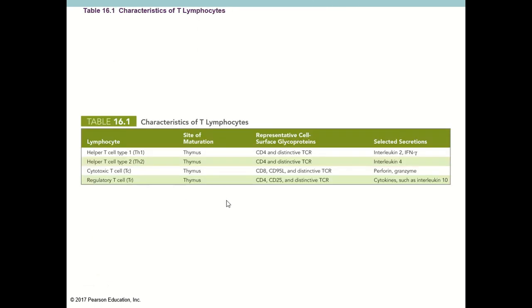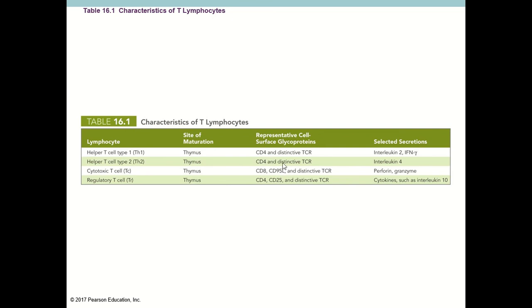There are several types of T cells, or T lymphocytes. We have T helper cells of the 1 type or of the 2 type. We have cytotoxic T cells and also regulatory T cells.